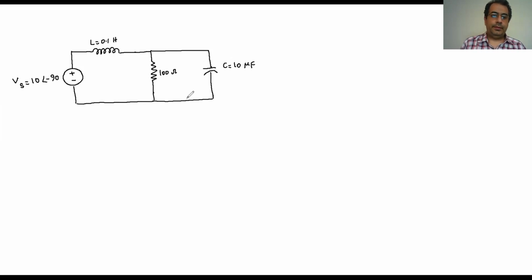Assume we know the current in this one, so we know the current goes here.